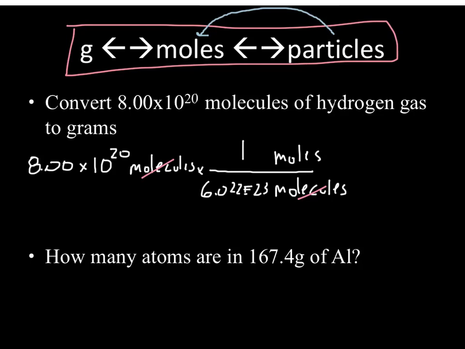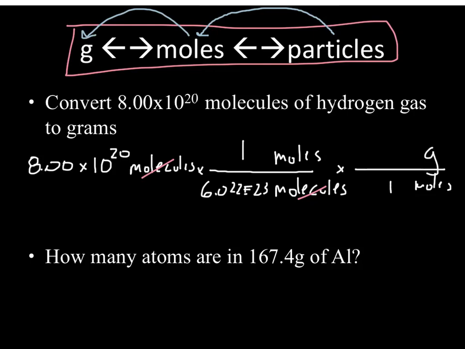The unit we're left with is moles, but the question is asking us for grams, which means we're going to have to go another step. So the unit on bottom is going to be moles, and then on top, we could go back to particles, but that'd be counterproductive. So instead we're going forward to grams, and so the unit on top has to be grams.